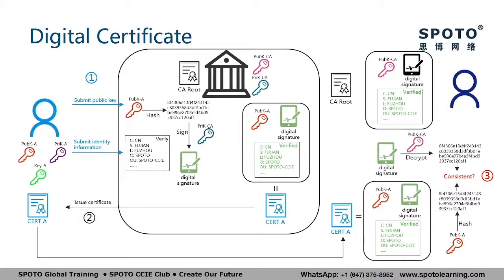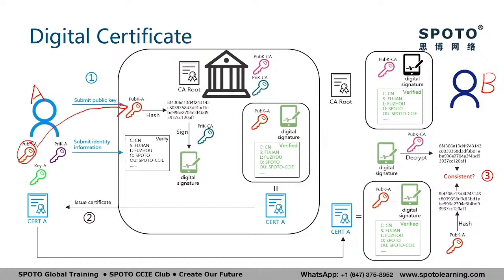This slide explains how the digital certificate works. Let's have a look. We have user A at the left side and user B at the right side. First, user A hands over its public key to the CA.